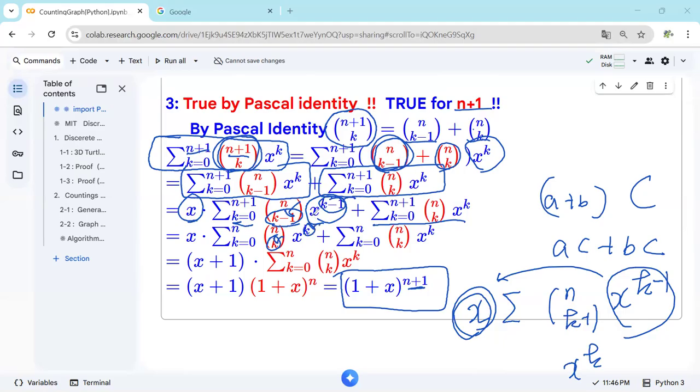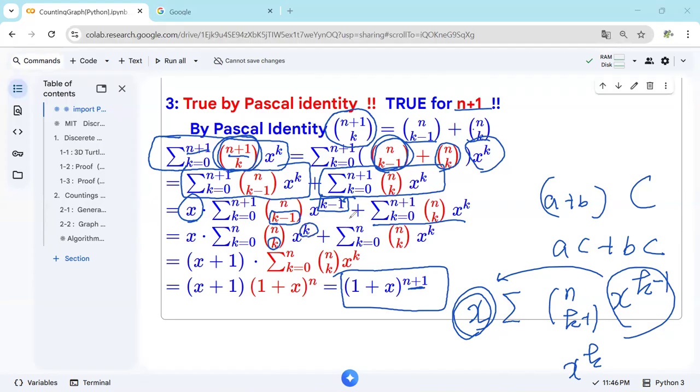It's a little bit more difficult, but this is the mathematical idea. Now this k minus 1 is equal to this exponent. Then let's use the k variable.